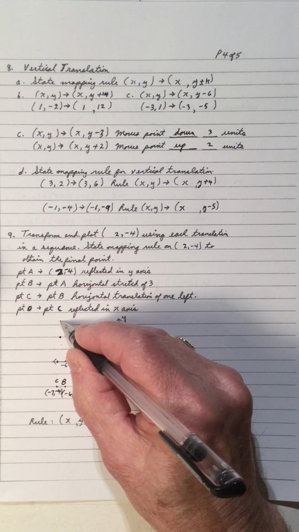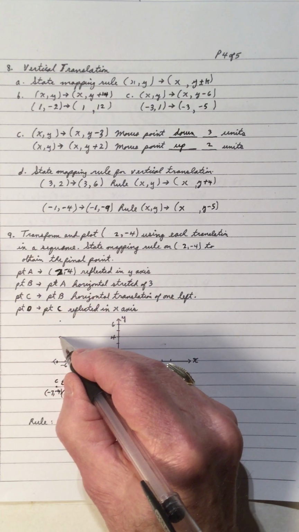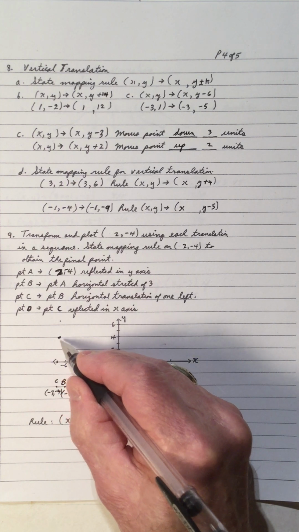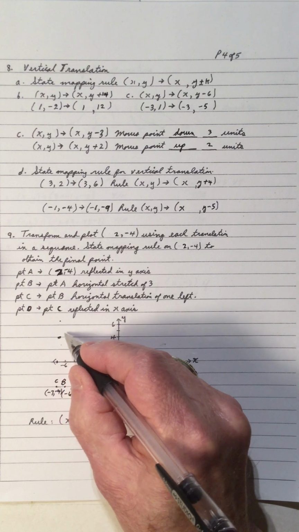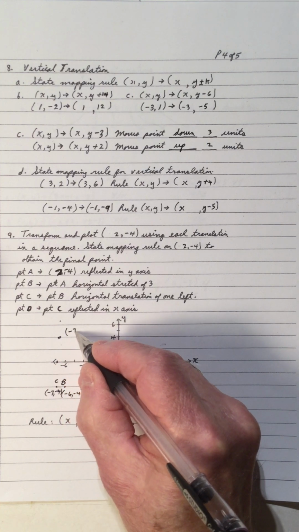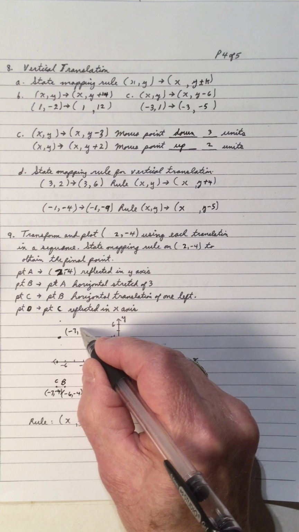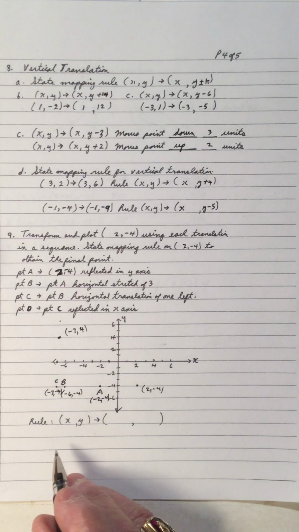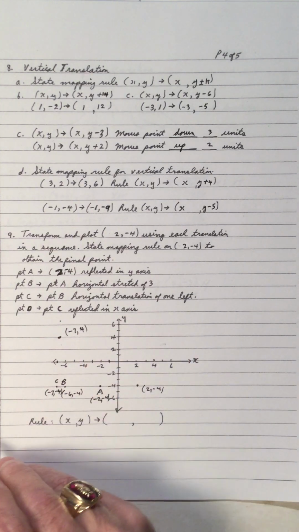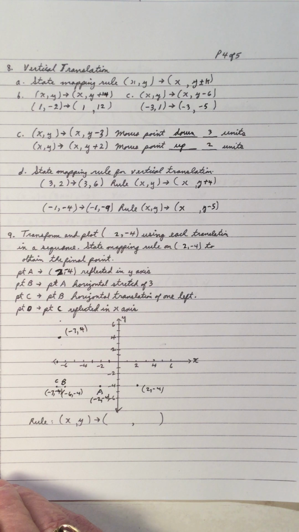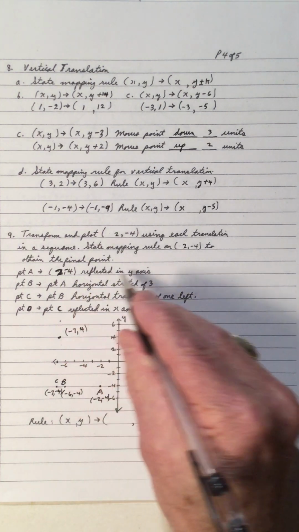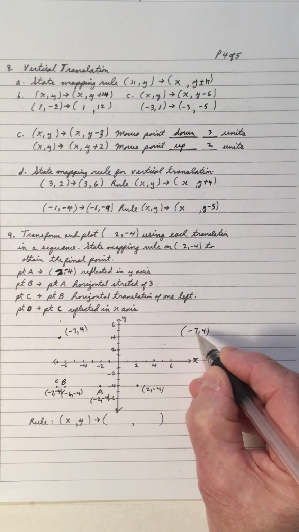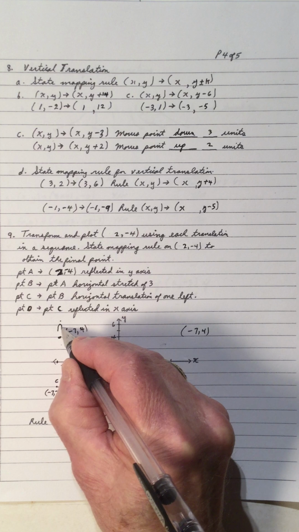There it is, right across. So x is -7, the x is not changing, but when you reflect in the x, the y value changes. So when we do all this to that point, you come up with (-7, 4). That's what D is in the end.